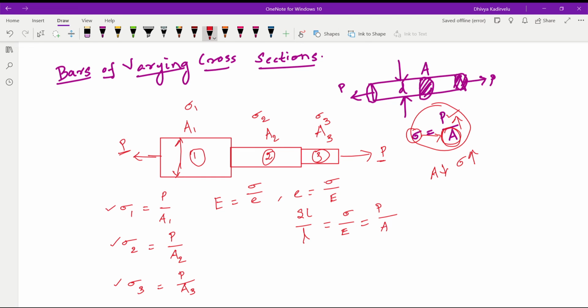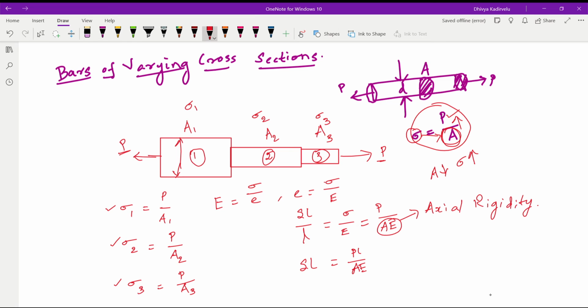So P by AE. So this term AE can be called as axial rigidity. Now I can rearrange this equation as del L is equal to PL divided by AE, right?